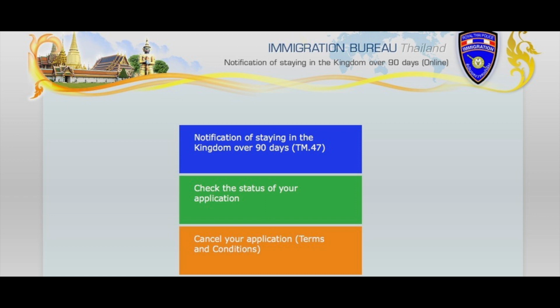The first one is notification of staying in the kingdom over 90 days, TM47. The next one is check the status of your application, and the last one is cancel the application, terms and conditions. Now, when I've done it, it's rather quick.